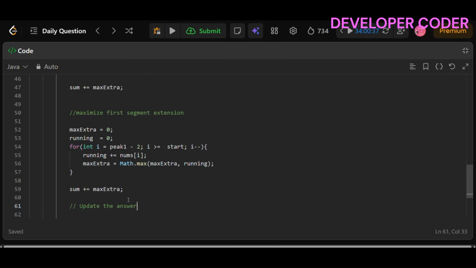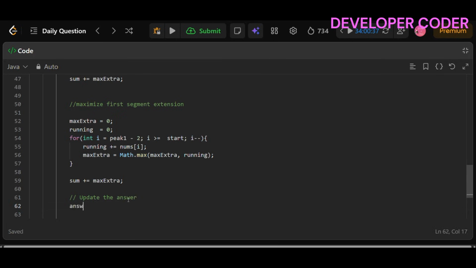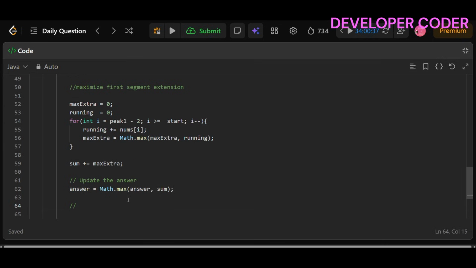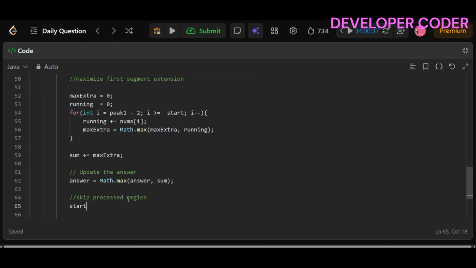The answer is going to be the max value, so I will say Math.max of the answer you have calculated until now and the current sum you are getting, and update it to the answer. And we have to always skip the processed region for the next iteration. So here I will say start is equal to value, and I will just do minus 1.